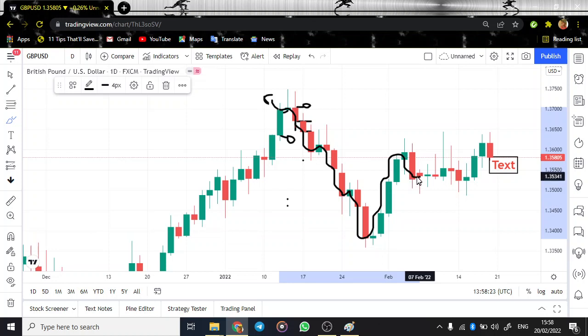Okay, so you can pretty much see how I'm creating this line out of the closing price of every candlestick.